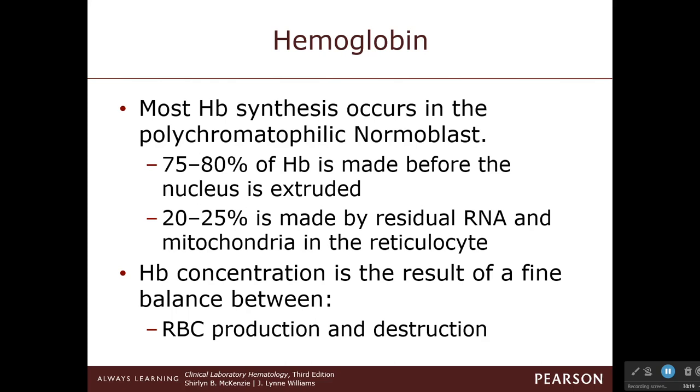So for instance, if UAG was our codon, the anticodon would be AUC. At this A site, it's going to read that codon and say, okay, UAG, I need anticodon AUC to bring me the amino acid glycine. Does that make sense?